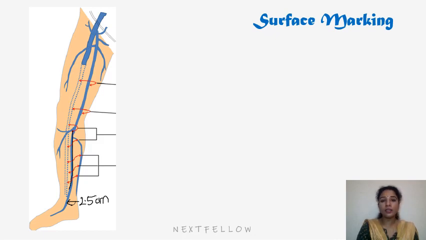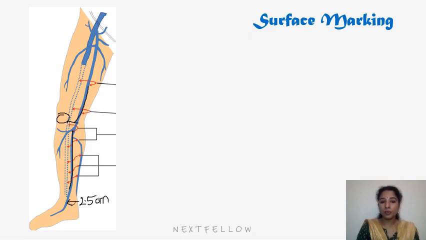And at the knee, it is about one hand breadth posterior to the medial margin of the patella. Suppose patella is here, from here to here is one hand breadth posterior to the medial margin of the patella. In the thigh, it ascends obliquely, goes to the anterior side of the thigh, and reaches the saphenous opening.